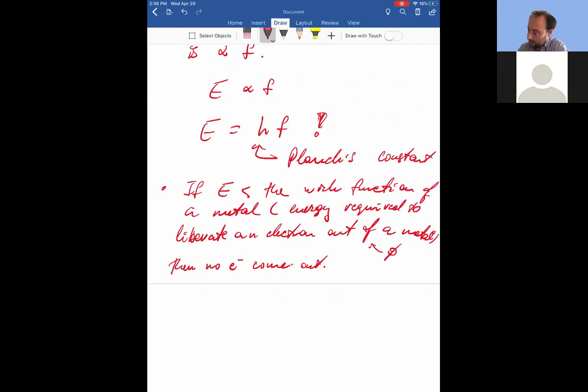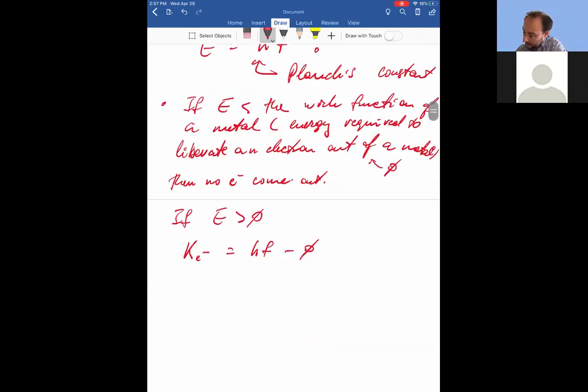If E is bigger than the work function, then the kinetic energy of electrons becomes equal to the energy of the photons minus the work function. So you put in a certain amount of energy, and whatever is left after the dues are paid in order to liberate the electrons, that's what goes into kinetic energy.